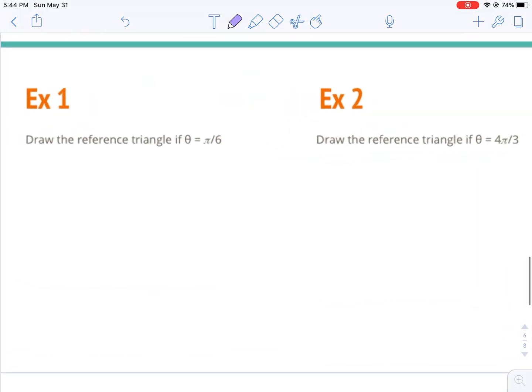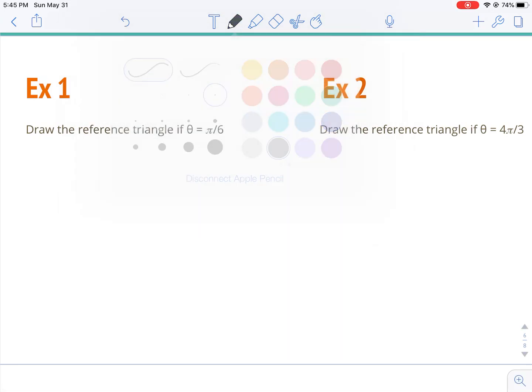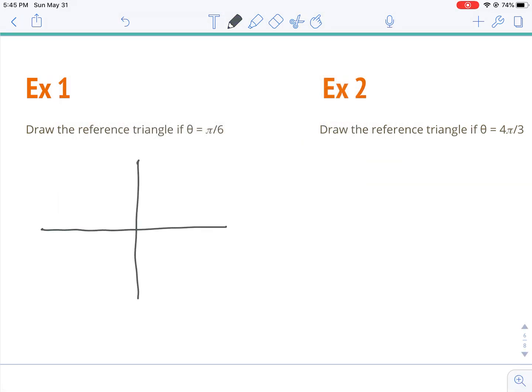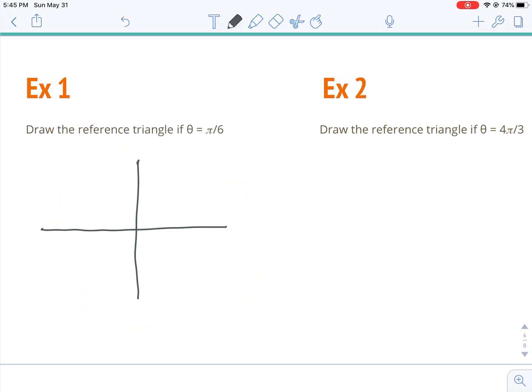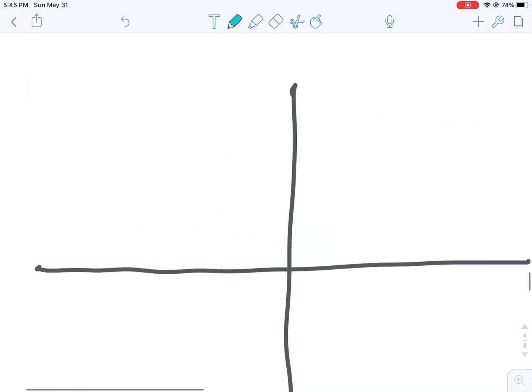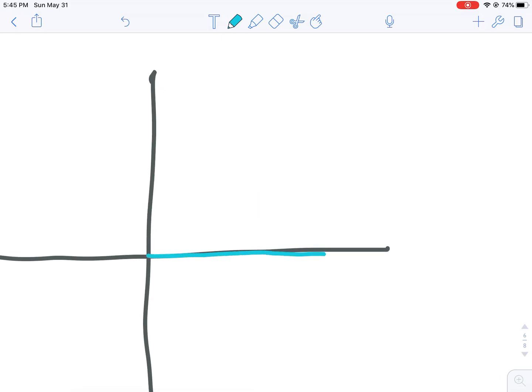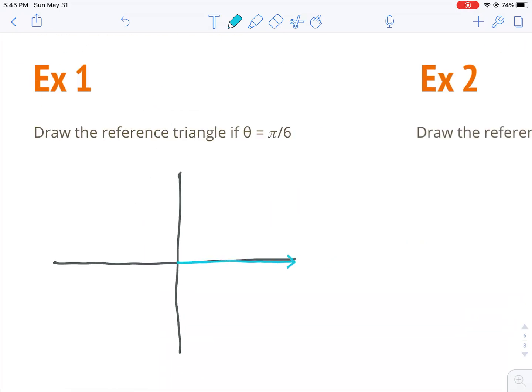All right, so we're going to draw some of these. And on all of them, I'm going to start with a graph. So we're going to draw a reference triangle if theta is pi over 6. I always start with my initial side.